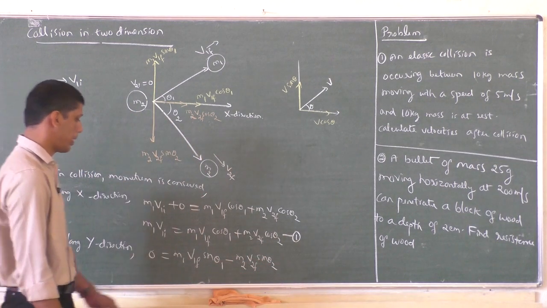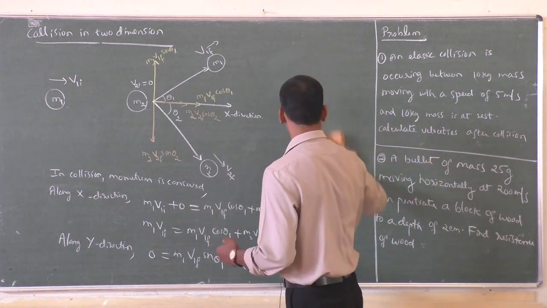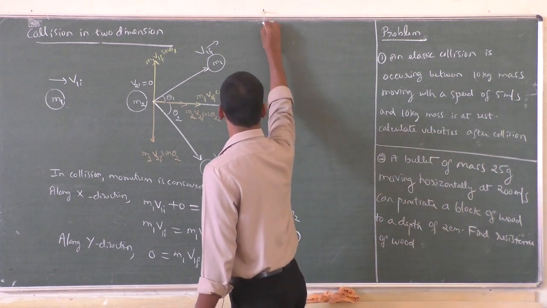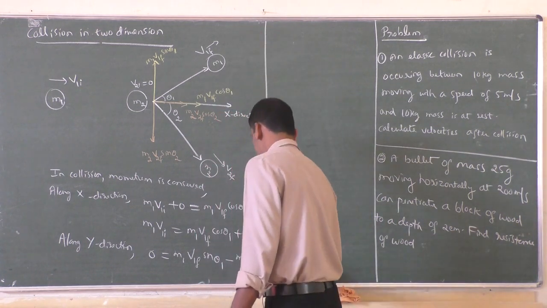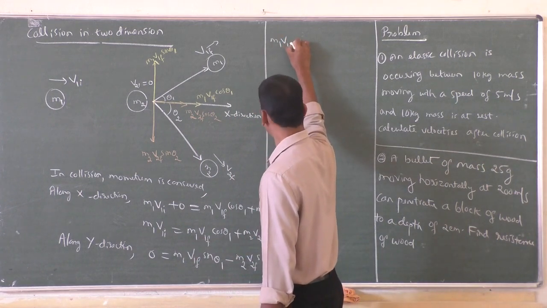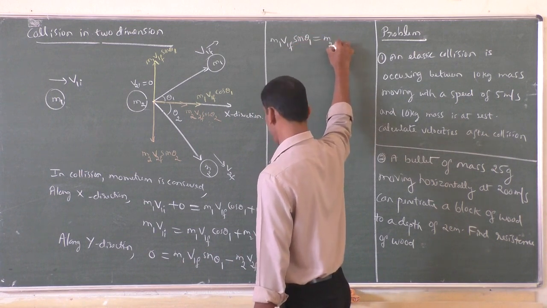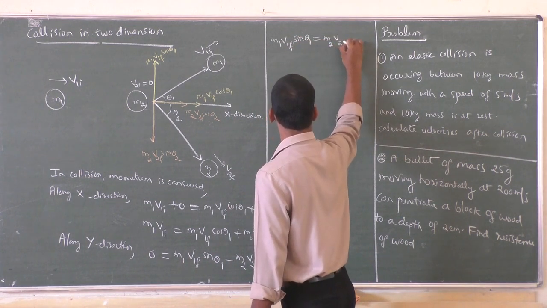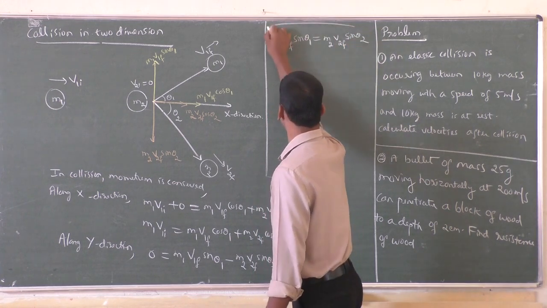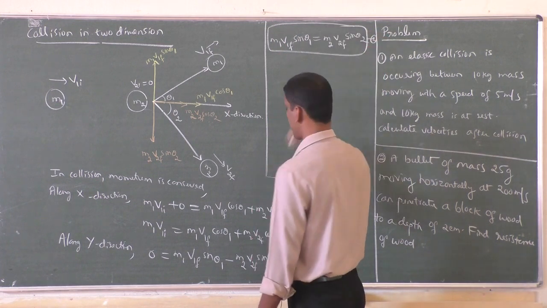So we obtain it like this. By solving this, we can write m1 v1f sin theta 1 should be equal to m2 v2f into sin theta 2. So this is equation number 2.